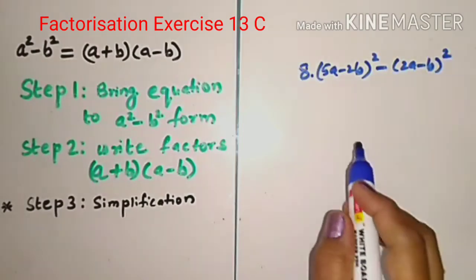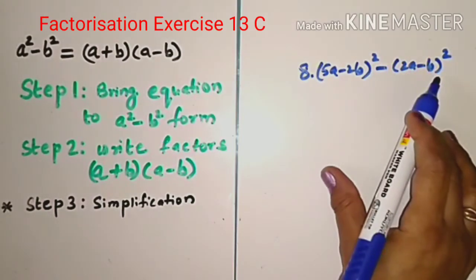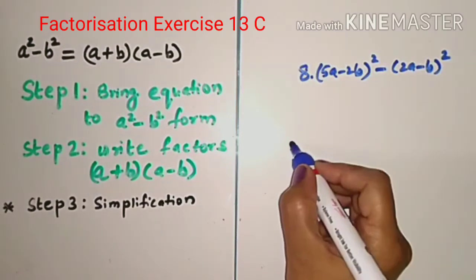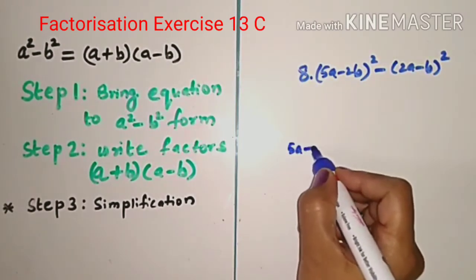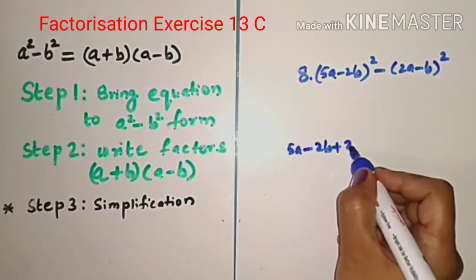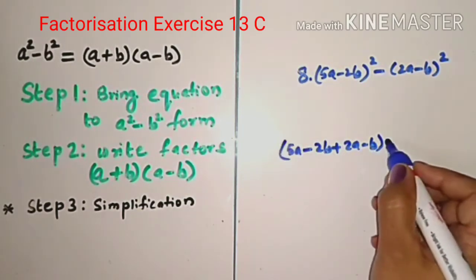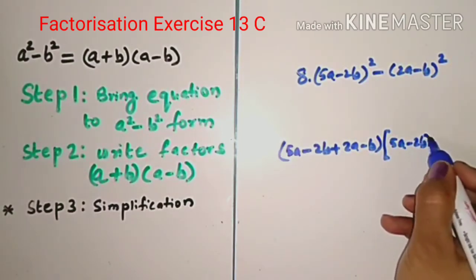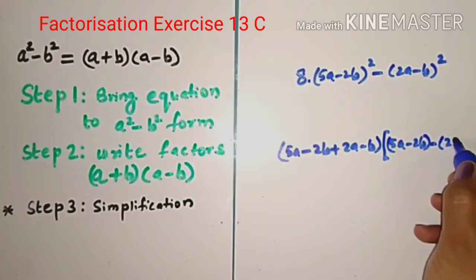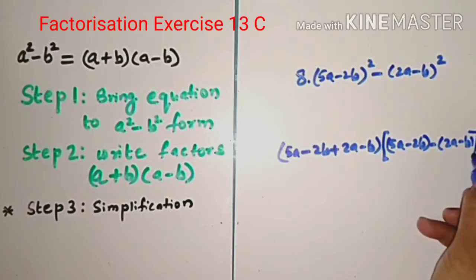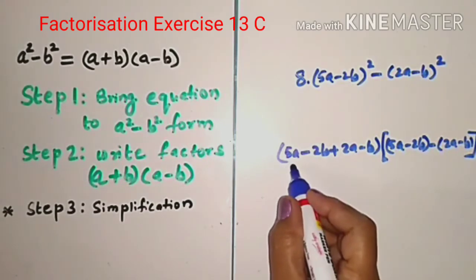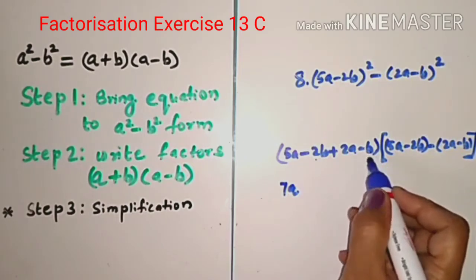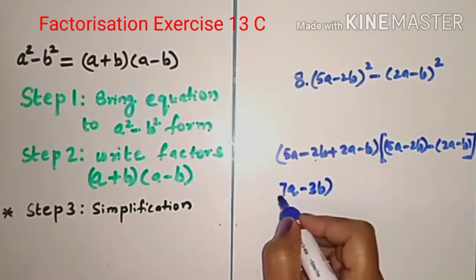That's 8th sum, already in a square minus b square form, but it will require further simplification after writing the factors. So we have (5a minus 2b) plus (2a minus b) in one bracket, and in second bracket we will have (5a minus 2b) minus (2a minus b). 5a plus 2a becomes 7a, minus 2b and minus b becomes 3b.